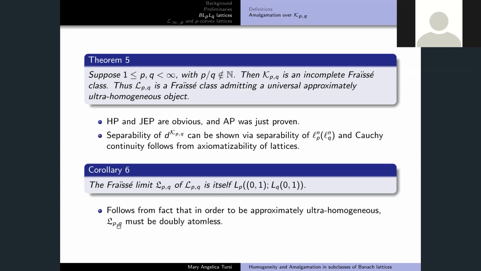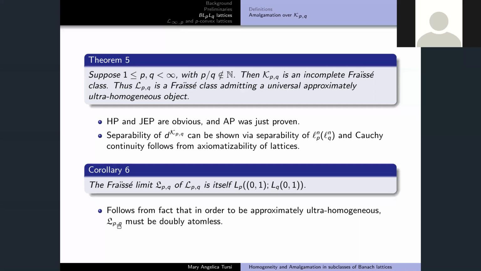But one thing we'll note here is that in order for this object to be approximately ultra-homogeneous, it has to be doubly atomless. If you're not doubly atomless, you might have LP as a band in your space, or LQ as a band, or some actual atoms. And when you're mapping, atoms in some way won't work well with homogeneity.